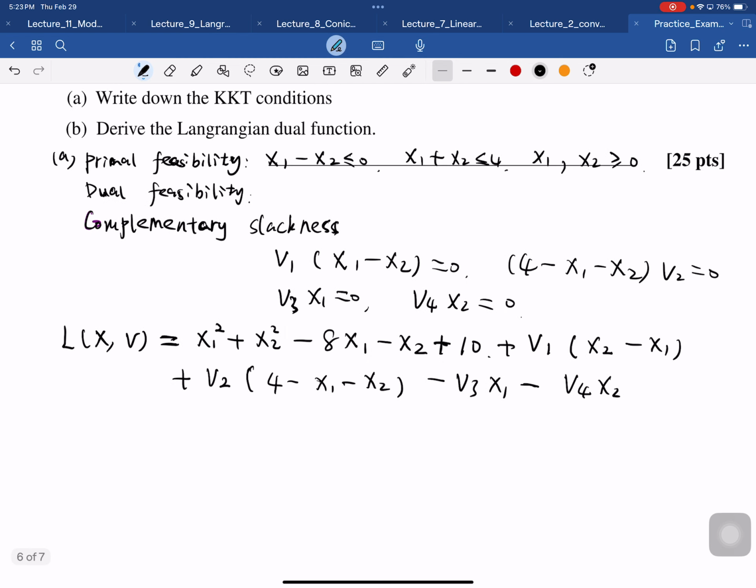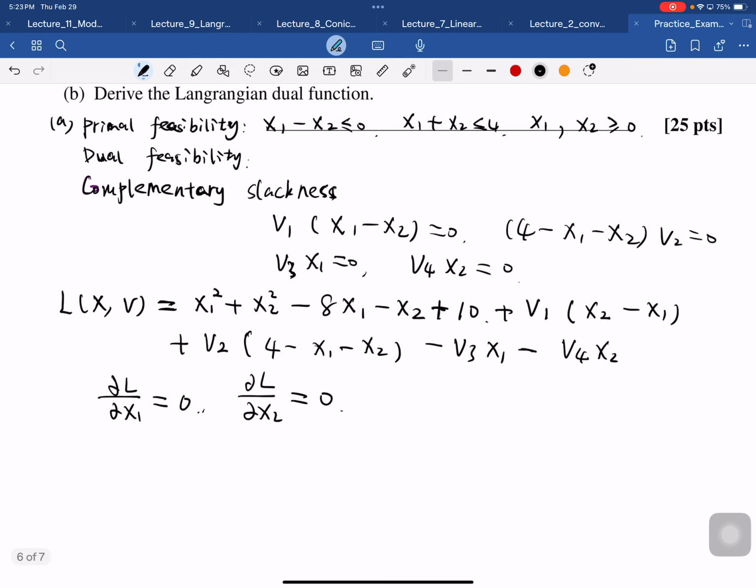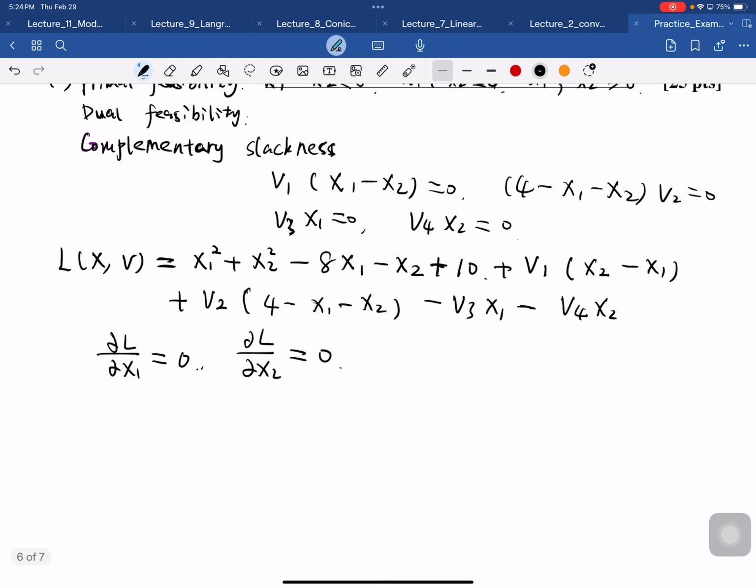Then the stationarity condition is just take the partial derivative of the Lagrangian function with respect to x1, set it to 0, and then take the derivative with respect to x2 and set it to 0, right? And the rest of the thing is to take derivatives. So let's try to take derivatives real quick. Let me know if I made any mistakes here.